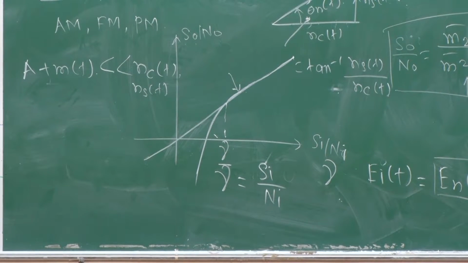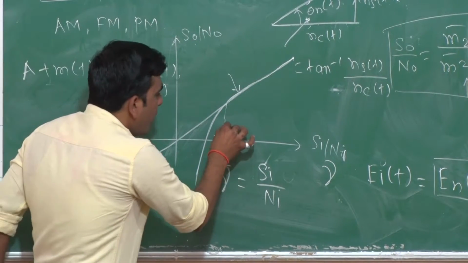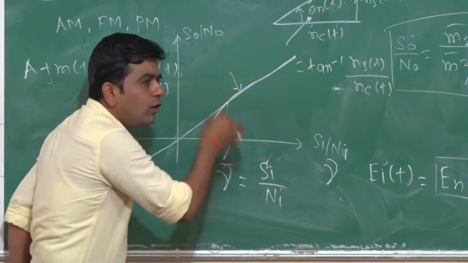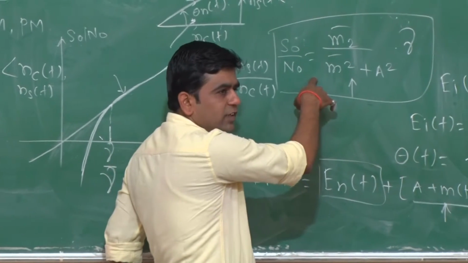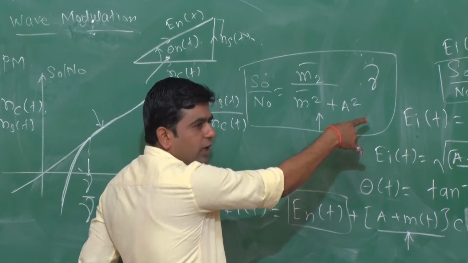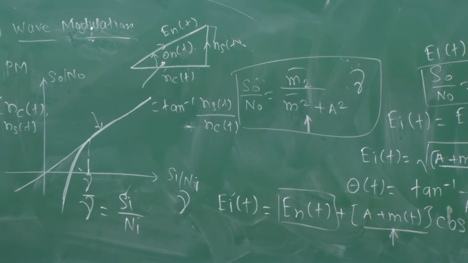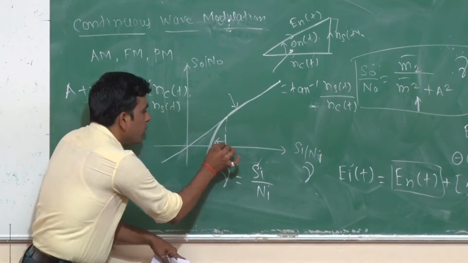As we are increasing the noise power, or as we are decreasing the input signal to noise ratio beyond a certain point, this relation is not valid. This signal to noise ratio, which is related to your input signal to noise ratio, gives the equation of line with this slope. This line equation is not valid beyond this gamma.